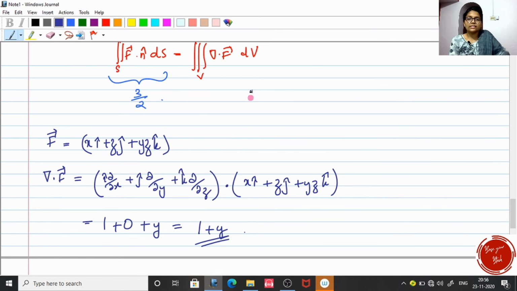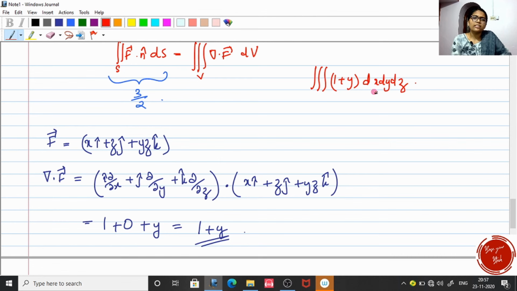Okay. Now let us substitute this value and proceed with the RHS side, or the triple integral side. The triple integral of del dot f is 1 plus y, and what is dv? dv is simply the change in the variation of the cube along the dimensions x, y and z, that is dx, dy and dz.